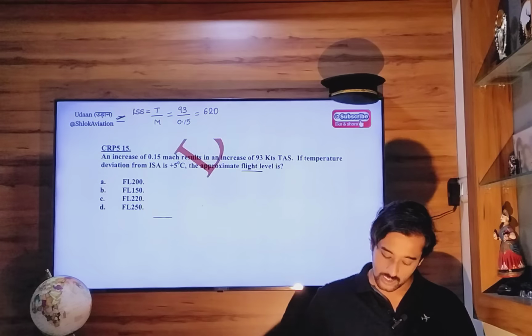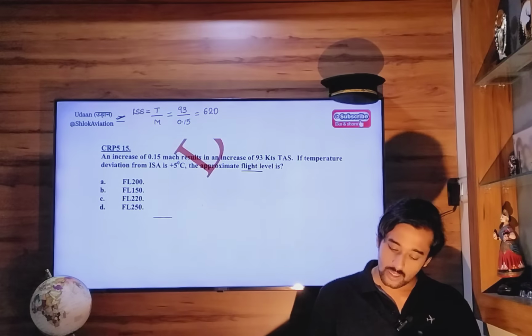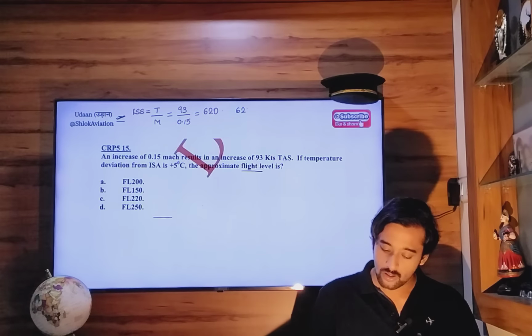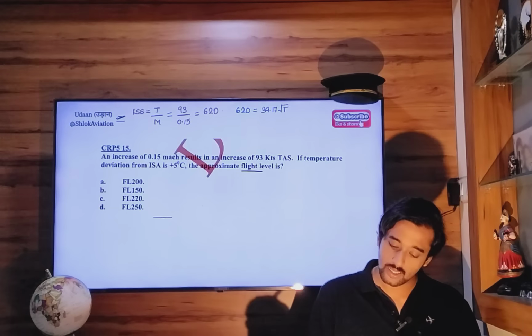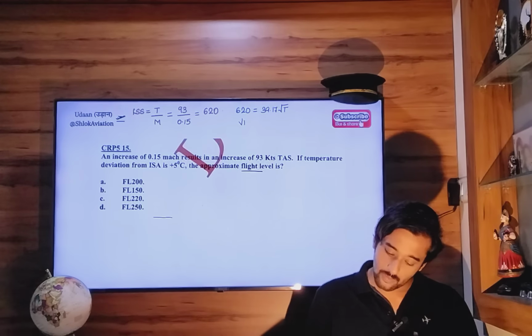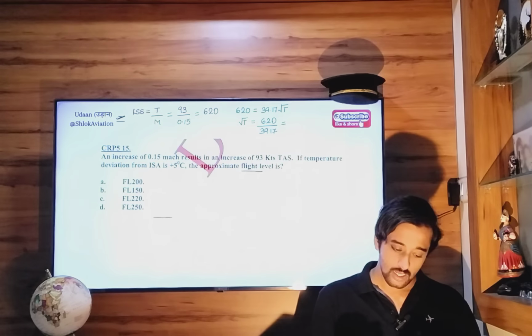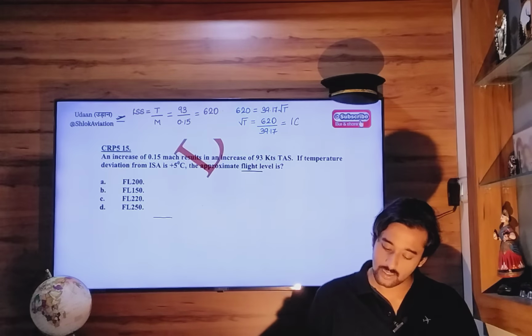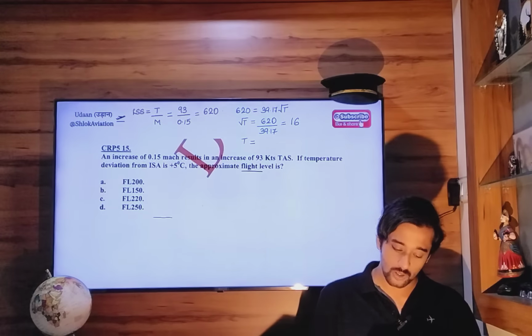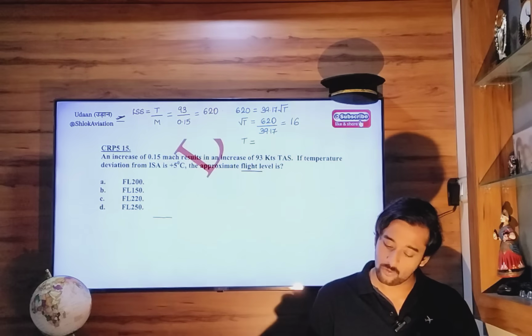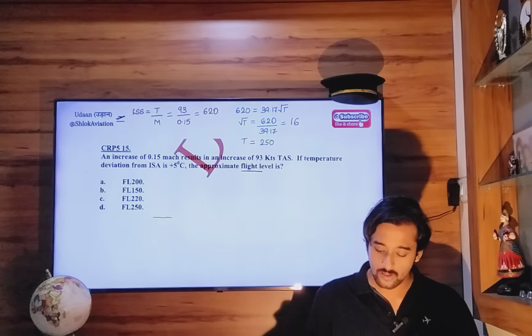Now we all know local speed of sound equals 39.17 square root of temperature in Kelvin. So square root of temperature equals 620 divided by 39.17, which is 15.8 or 16. Squaring both sides, answer will be 250 Kelvin.